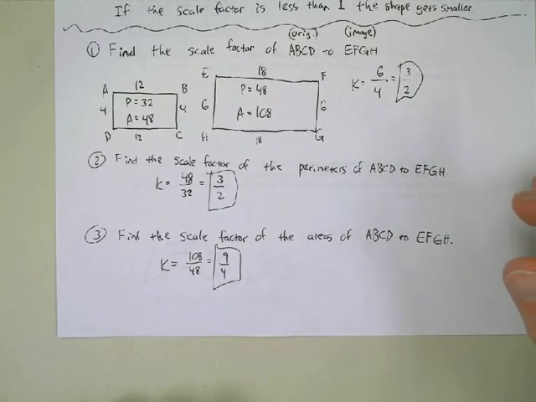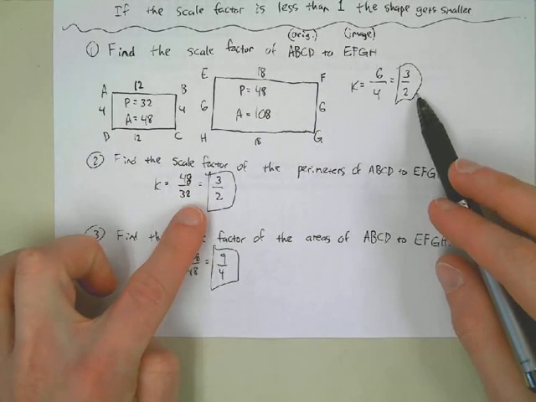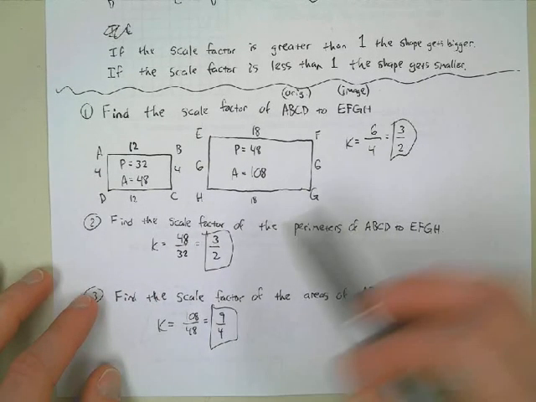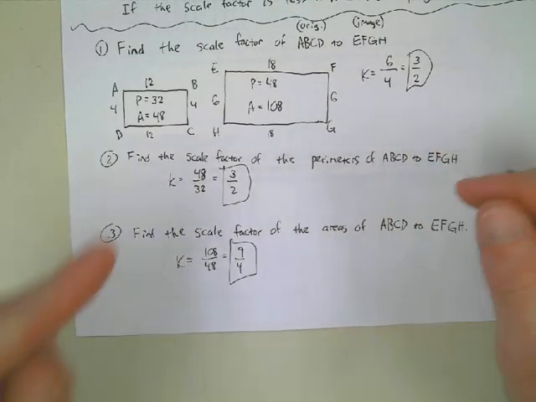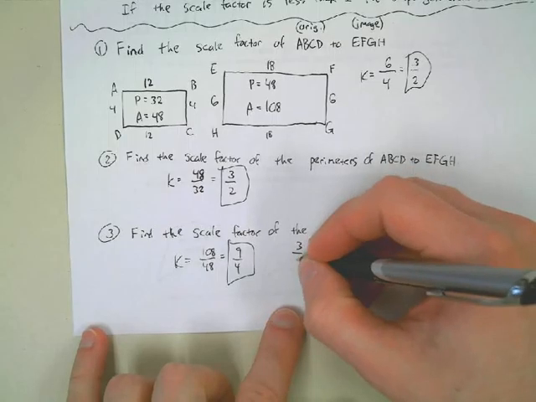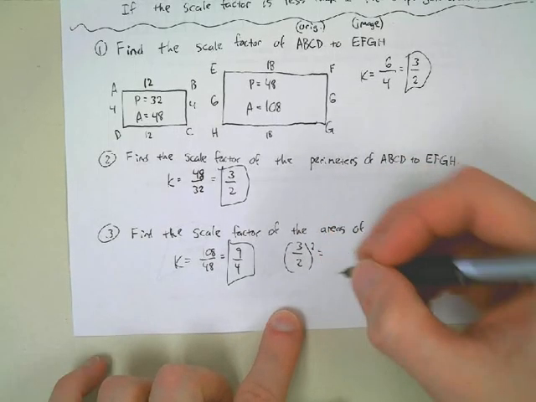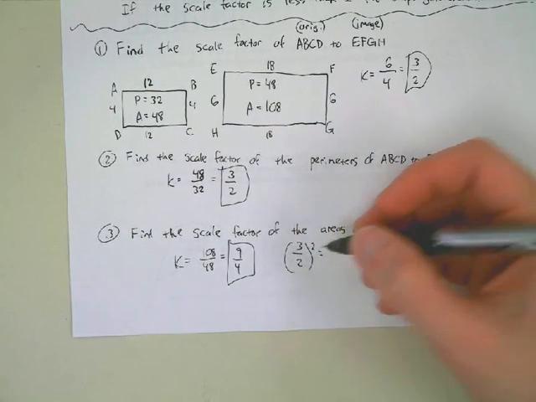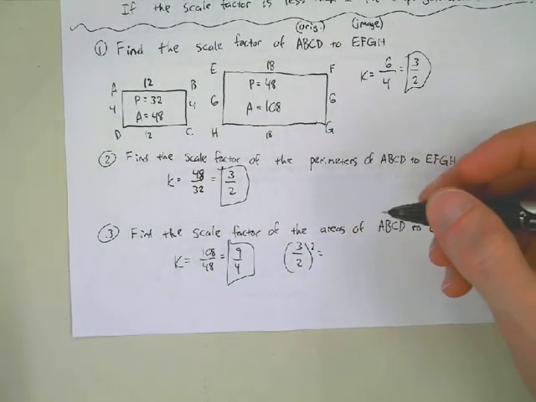Jay, what do you want to say? Okay. So our scale factors here, the scale factor for the sides and the scale factor for the perimeter are the same. The scale factor for the area is the square of those scale factors. If you take 3/2 and you square that fraction, you guys remember what it means to square something? Multiply it by itself. So 3/2 times 3/2 is 9/4. And that's going to be true in general.